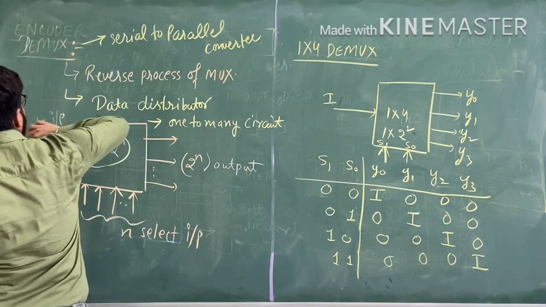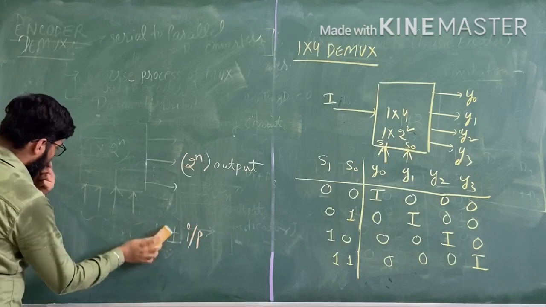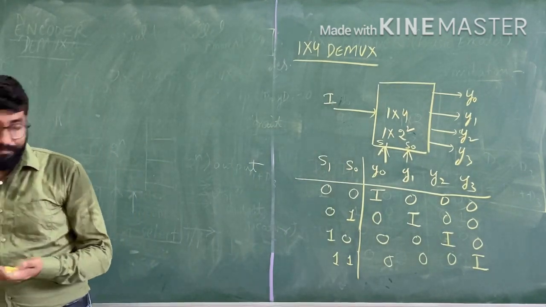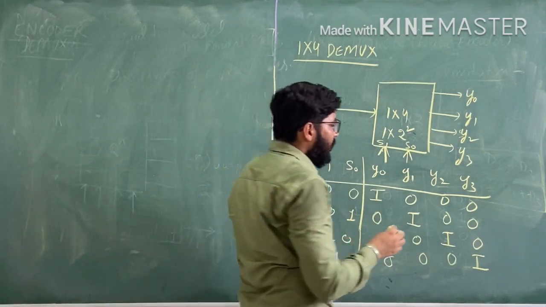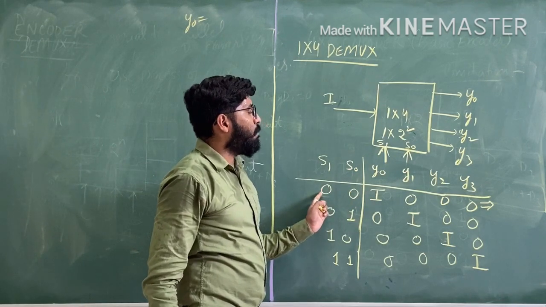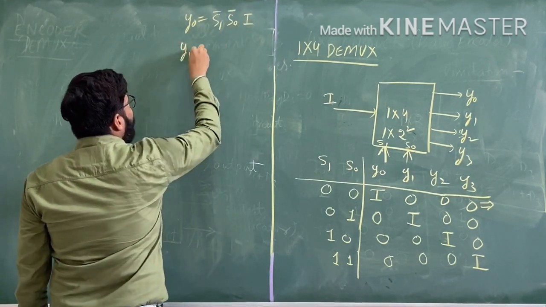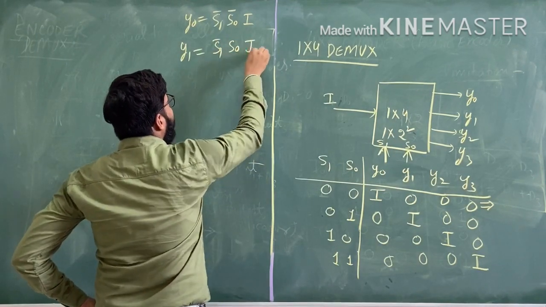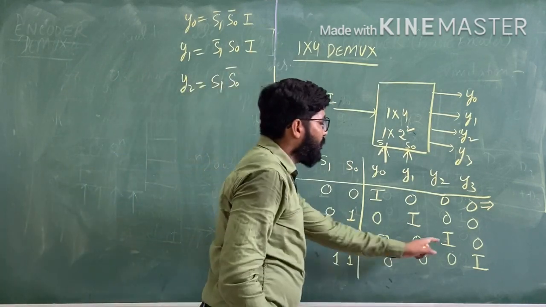Suppose in the university a question asks you to draw the combinational logic diagram of the 1 cross 4 demux; you have to see how it is represented. y0 equals S1 complement and S0 complement, so it is written as S1 complement, S0 complement and I. And y1 equals S1 complement and S0, S1 complement S0 into I. If we write y2 equals S1 and S0 in complement form, we multiply with I.